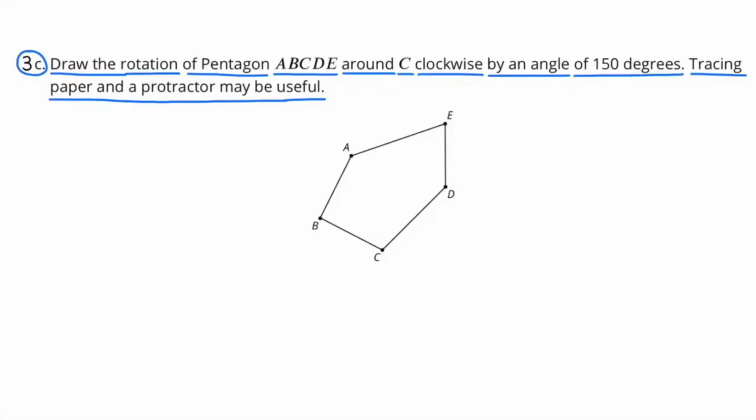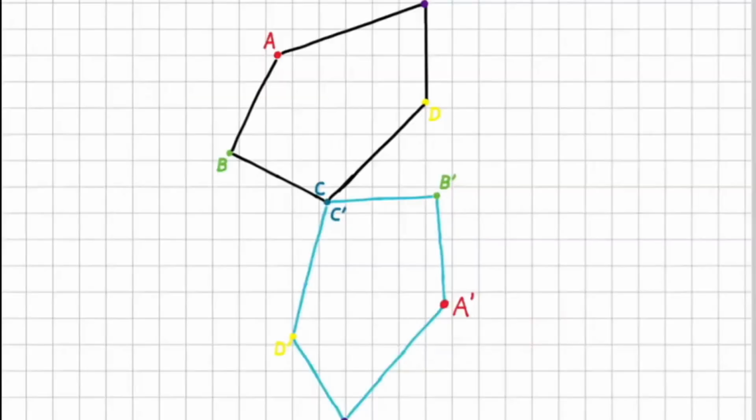3C. Draw the rotation of pentagon ABCDE around C clockwise by an angle of 150 degrees. Tracing paper and a protractor may be useful. Here's a look at my final drawing of the rotation of the pentagon. A protractor would really be helpful because you need to find the angle of 150 degrees.